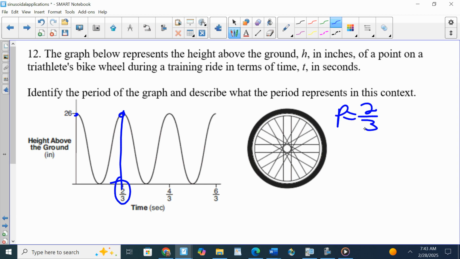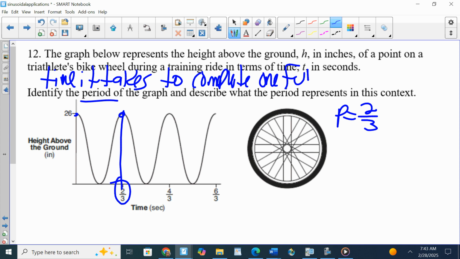Explain its meaning in the context of the problem. In general, the period is the time it takes to complete one full cycle. So you just need to give some context from the actual problem into what that full cycle happens to be. In this case, we're talking about a bike wheel. So first of all, T is seconds.